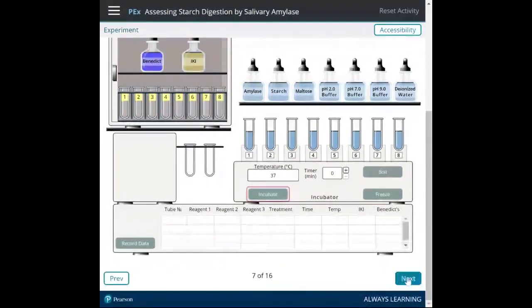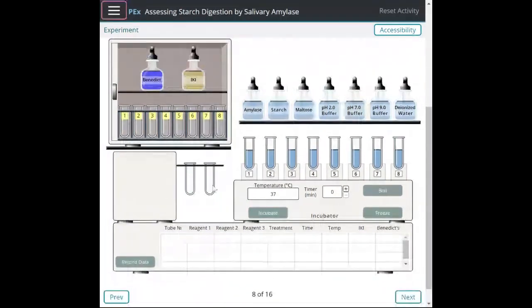All right, so our cabinet doors have opened. You can see we've got our 2 reagents, our Benedict's reagent, that's the one that's blue in the presence of the small sugars, and then the iodine, that is blue-black in the presence of starch.